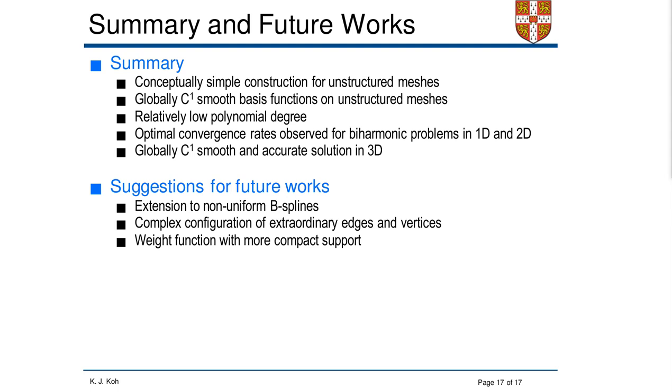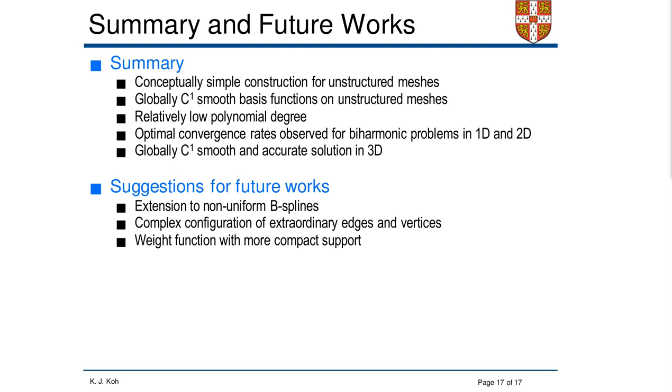We have observed optimal convergence rates for the biharmonic problems in 1 dimension and 2 dimensions. Although we did not study the convergence in 3D, we managed to show that the finite element solution is globally C1 smooth and it's also accurate in 3D. If you are interested, please have a look at our preprint. For future work, we would like to suggest the extension to non-uniform B-splines because we have only considered uniform B-splines in our work.